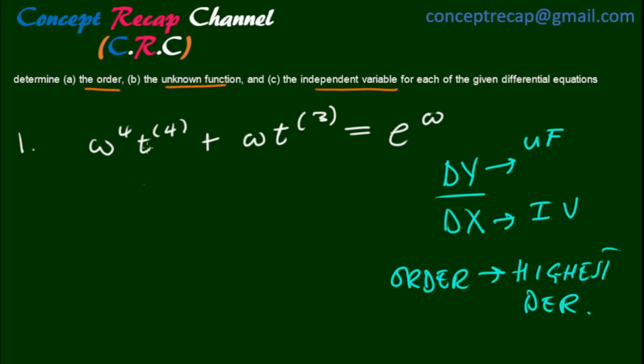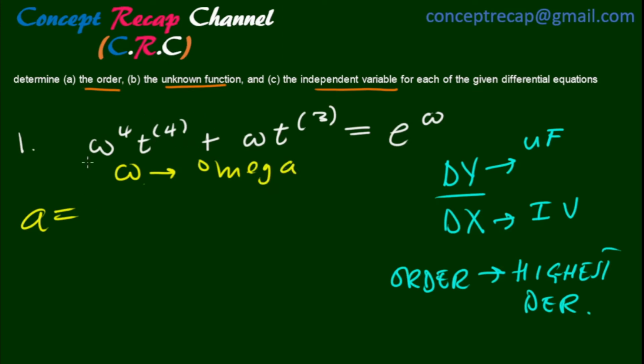In this question, the first part is the order. You have to find where there is a derivative. Here you have got 2 variables: there's t, and there's this letter here. It's a Greek letter, it's not w. They call it omega.